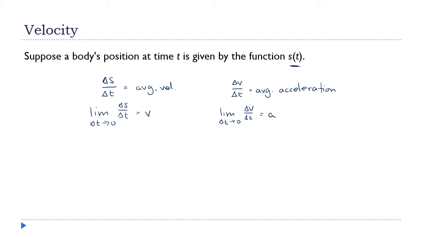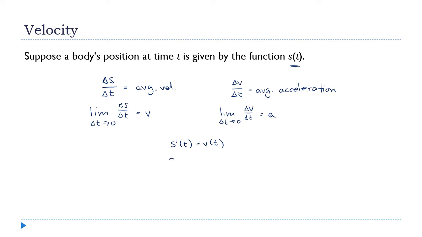So now let's take this back to the beginning. If we start with s prime of t, that is the velocity. And now we haven't talked much about higher order derivatives, beyond some of the curve sketching examples. Well, let's do this again. Now let's take the derivative of both sides of this equation.